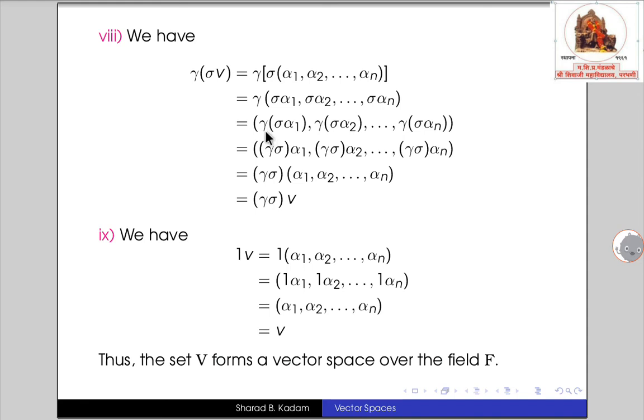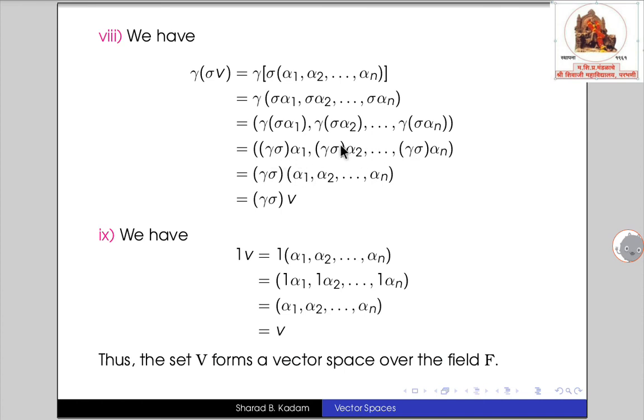The first component is gamma into (sigma into alpha 1), which equals (gamma into sigma) into alpha 1. The second component, gamma into (sigma into alpha 2), equals (gamma into sigma) into alpha 2, and the nth component, gamma into (sigma into alpha n), equals (gamma into sigma) into alpha n.